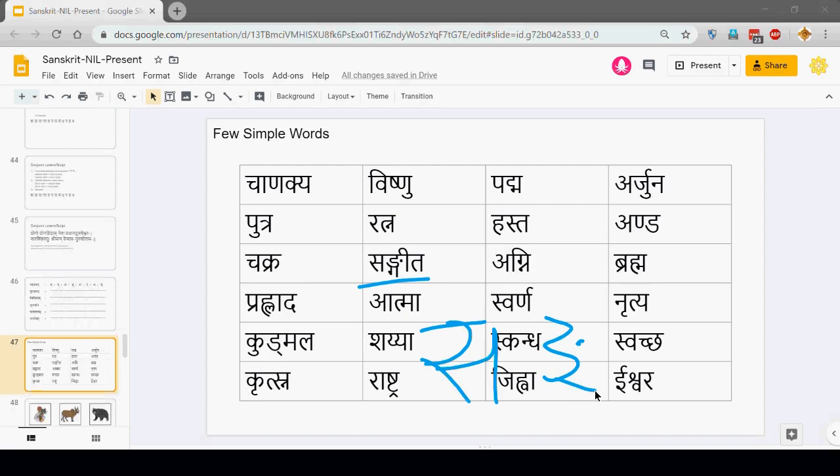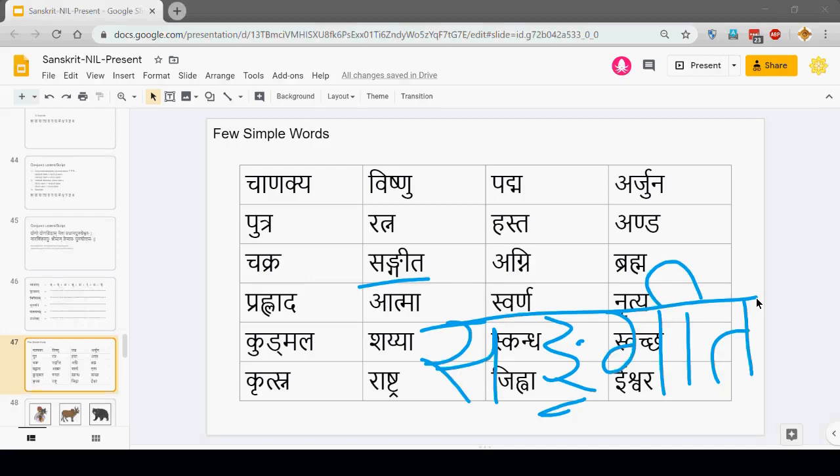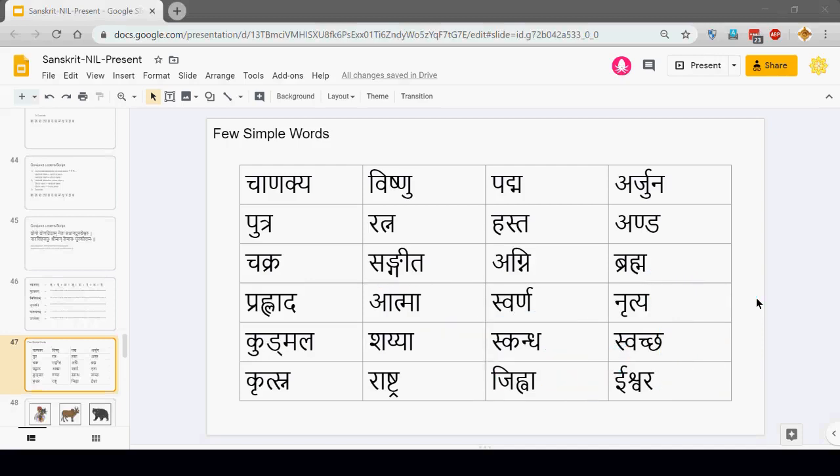Before ga, in the English word, there is a nga sound. So similar to that, this nga sound, sang, then there is gi and ta. Sangita. Sangita is music. Next one.